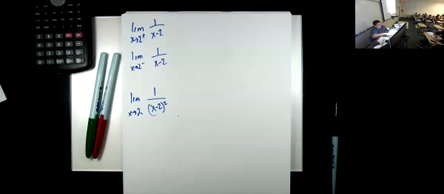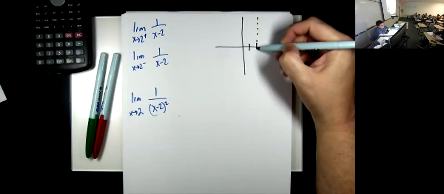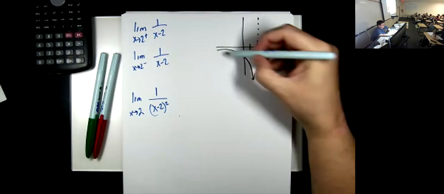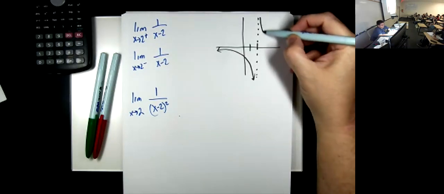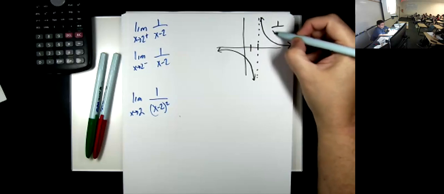The graph of 1/(x - 2) has an asymptote at x equals 2. And on the left side, it does this. And on the right side, it does that. This is 1/(x - 2).